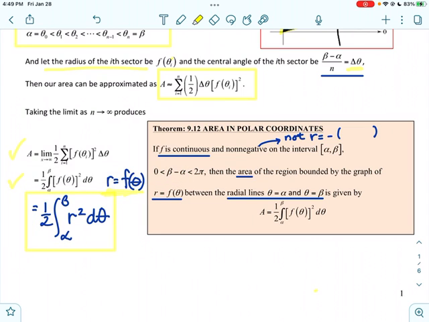And here is the theorem, the area in polar coordinates. If f is continuous and non-negative on the interval where beta minus alpha is at most 2 pi, then the area of the region bounded by the graph of r equals f of theta between the radial lines alpha and beta is given by that formula.